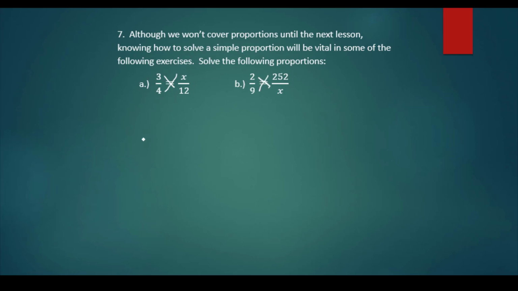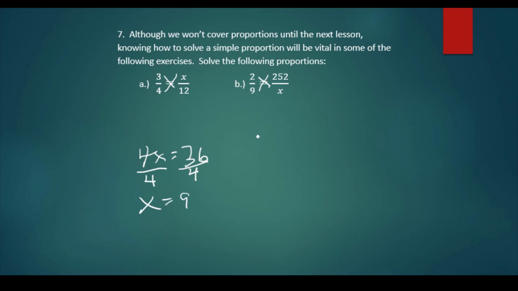So over here I get 4 times x equals 3 times 12, which is 36. And divide both sides by 4. The reason I divide by 4, not 36, is because over here, 4 divided by 4 becomes 1. And 1 times x, which is just a number, is x. So for this one, I get x is 9.